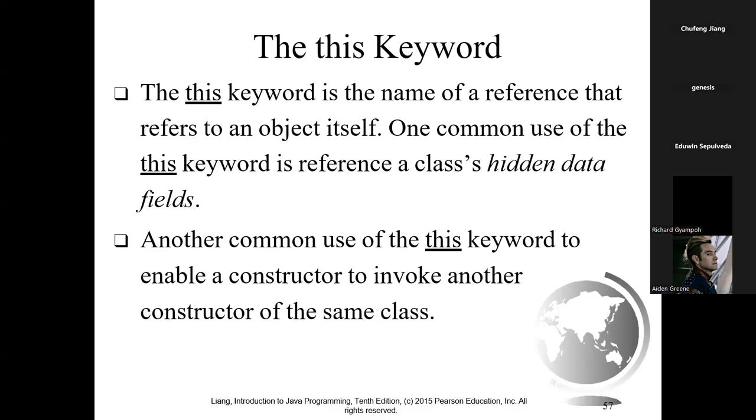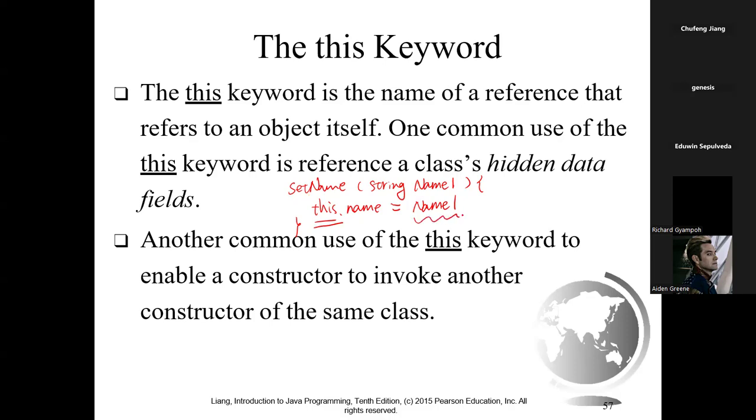For example, we have a setter, setName, and we pass a string. When we began to learn the setter method, I wrote the code like this: String name1, and within this block, this.name = name1. This refers to the object, the student we are creating itself.